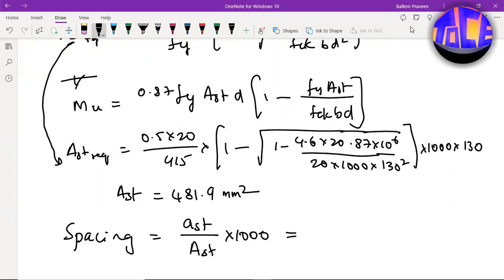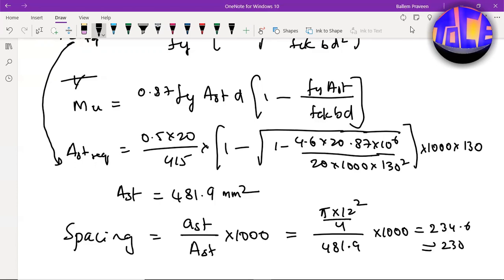So the area will be pi into 12 square by 4, divided by the Ast I got, 481.9, distributed in 1000. So we are getting around 234.6. So we can provide 230 mm center to center. That is the spacing we got.